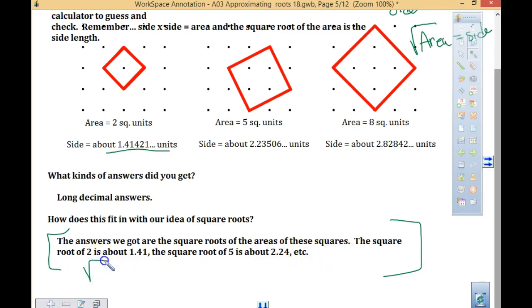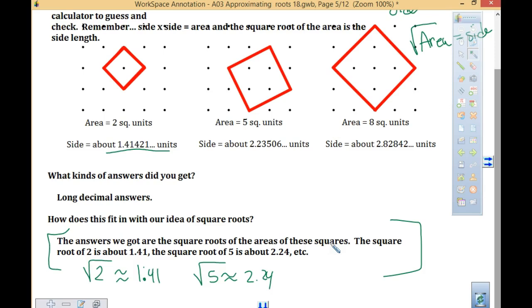And the square root of 2 is about 1.41. Square root of 5 is about 2.24. That's what that says. So we got the square roots of the areas. We are always taking the square root of the area to find our side length.